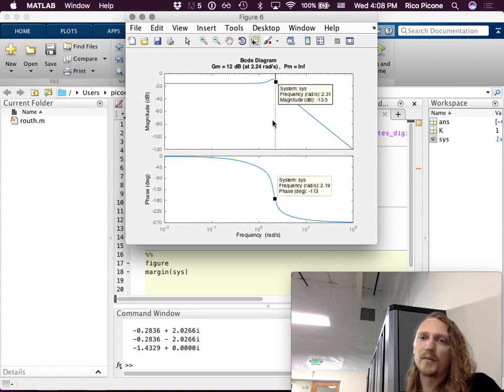So if I put my check on there, it's between those two. So it's between negative 11 and negative 13 dB below 0. So in other words, we have a gain margin of 12 dB.